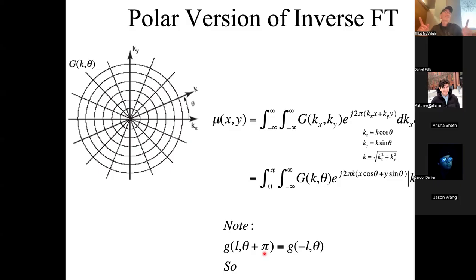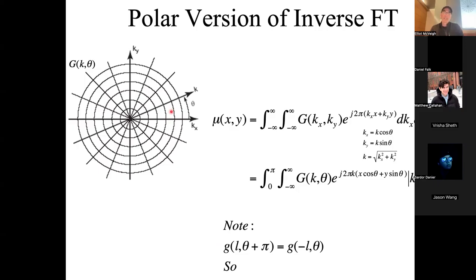It's the same data, right? So GL theta plus pi is just G minus L theta, right? So that's for every view in this case. And that gives us this symmetry here, right? That G of K theta plus pi is just G of negative K, right?